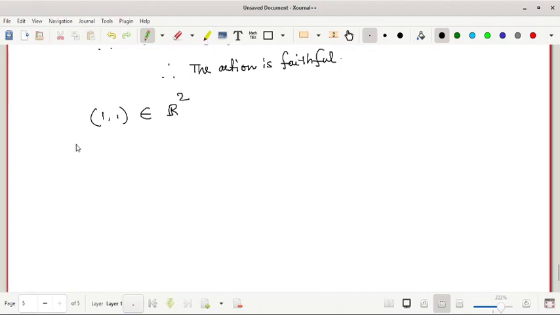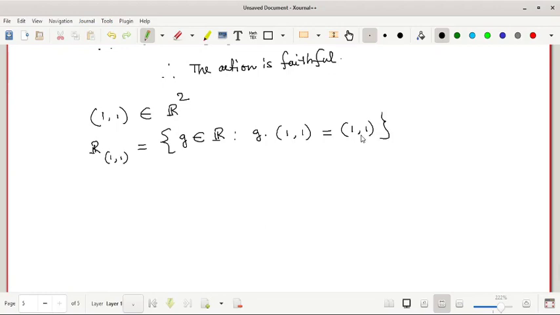I have to find out the stabilizer. In fact, not G(1,1), it will be R(1,1) because my group is R. It contains all g in R such that g dot (1, 1) is fixed, meaning (1, 1) is stabilized by g.